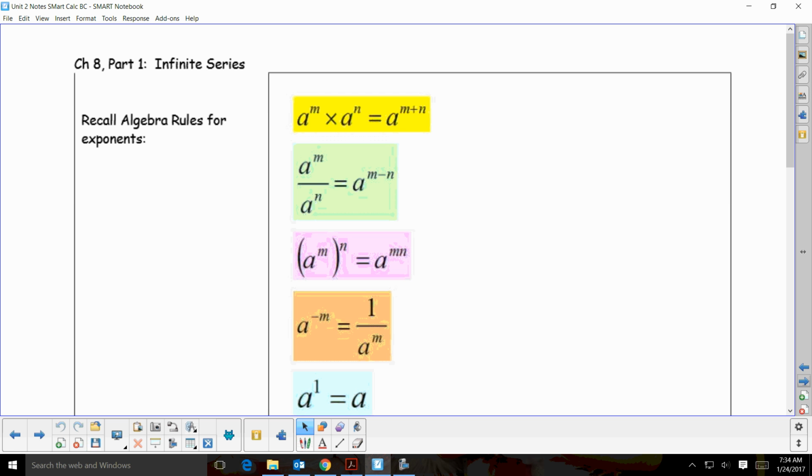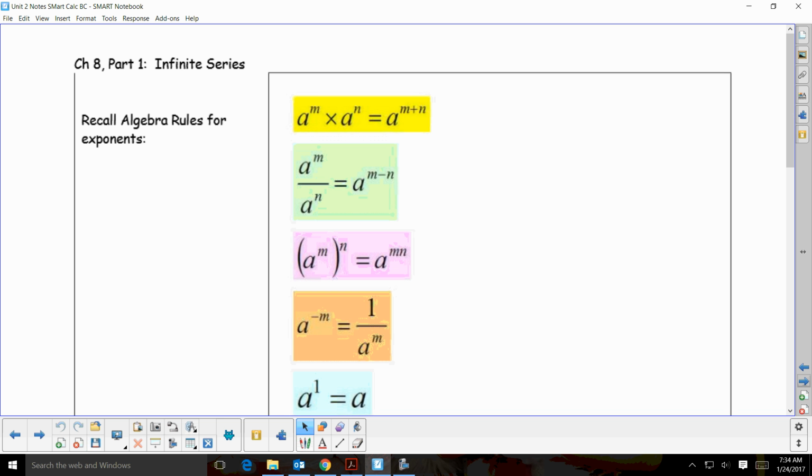Okay, so we're going to do some algebra review here with the exponent rules. And I think most of you will remember these rules from Algebra 1, Algebra 2, Math Analysis. Same base being multiplied, add the exponents.